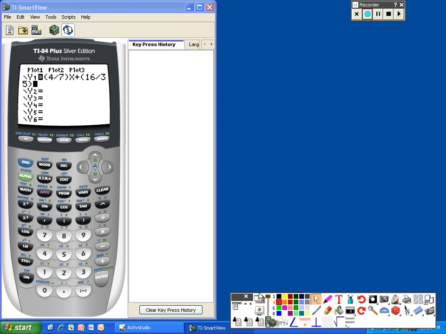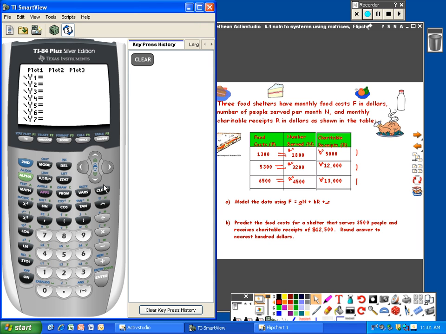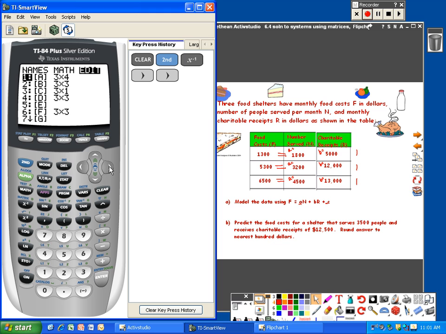All right. So we would go to our matrix, which is second x negative 1, and we want to edit. And we'll edit matrix A. And this is going to be a 3 by 4. We're going to put this in first for n's, this in for r's, and this in for my remainders of c's.